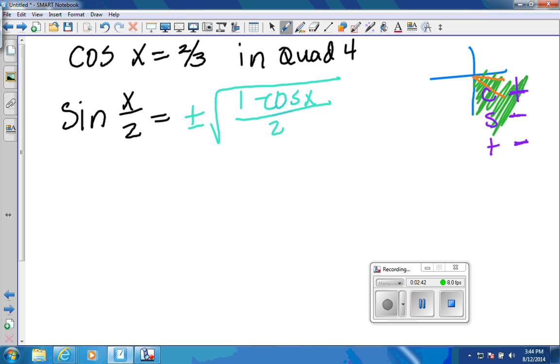And so we know that cosine of x is 2/3. So then we can say plus and minus the square root of 1 minus 2/3 over 2.